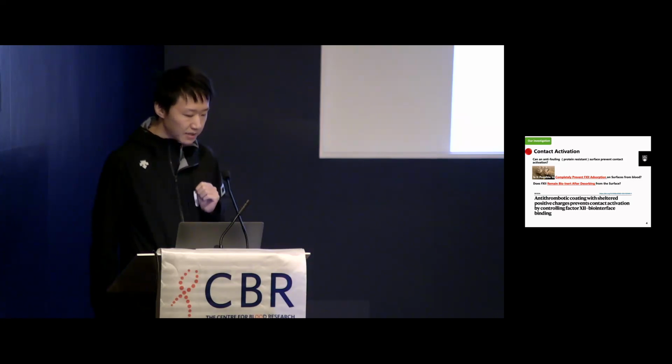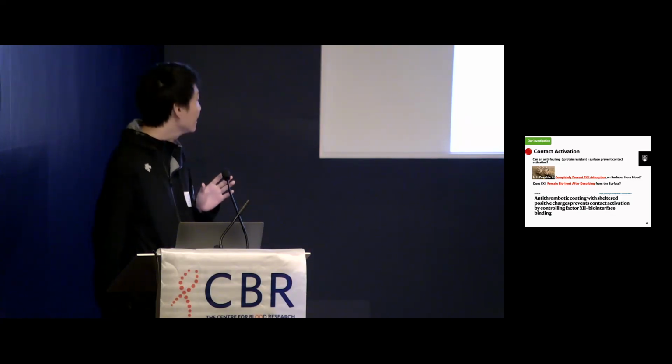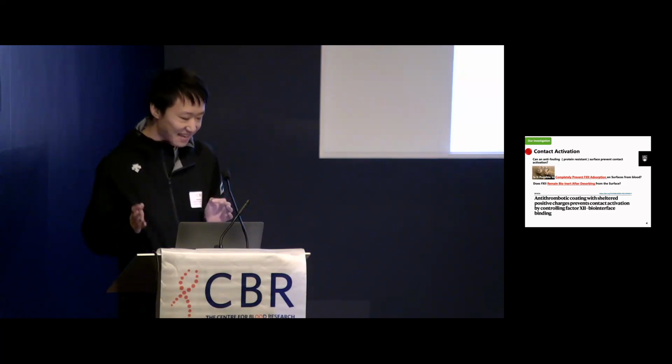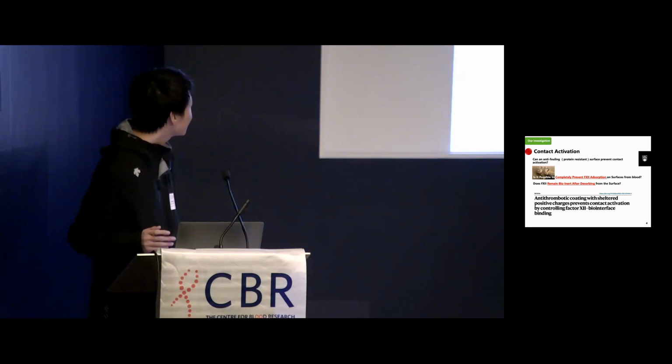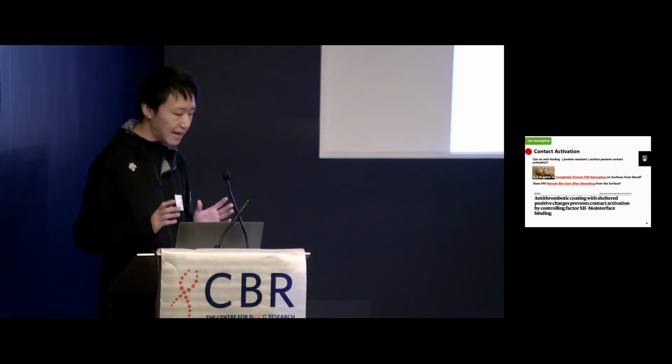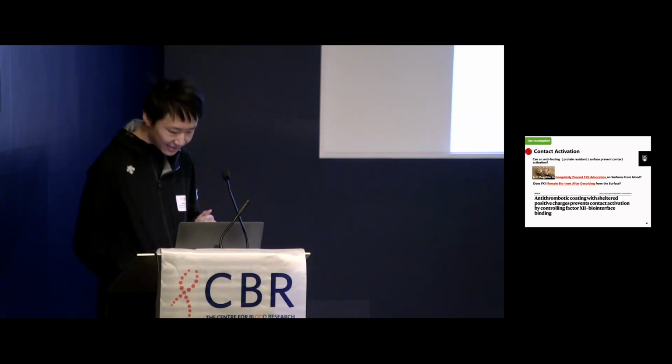The first is whether it is possible to completely prevent factor 12 adsorption on the surface from the blood. The second is whether factor 12 remains bio-inert after dissolving from the surface. So just as mentioned by Prof. Ed, we have published a paper. We investigated these two questions, and we give a new direction on how to design an anti-thrombotic surface.